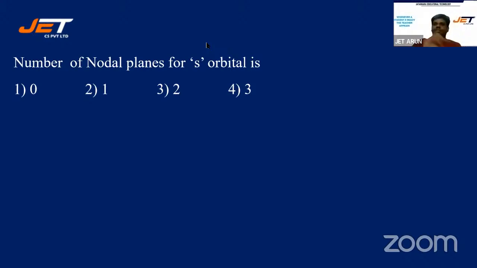Let's say you've got a px orbital like this. Over here, you will not find the electron. You will find the electron in these two lobes, but the probability of finding the electron in this plane is 0.